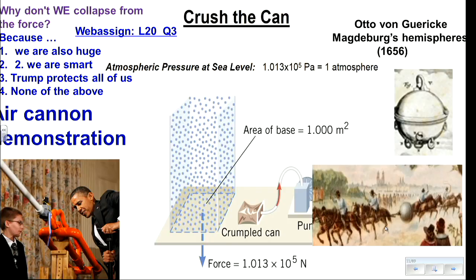What do you think? Pressure is always on us. Right, but did you see the can? Yes? We also have air that's inside of us. How did it get inside of us? Hmm? I guess we have our own density.